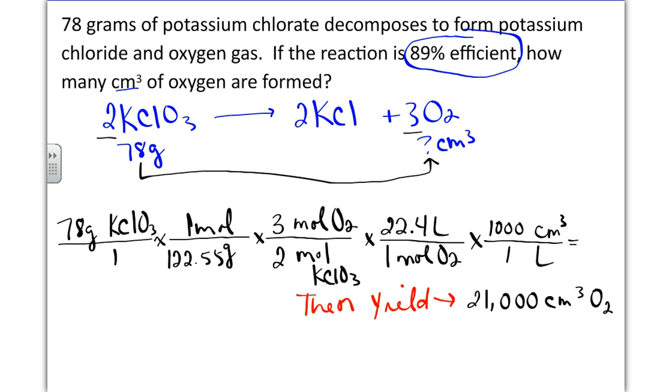So I'm going to take my 21,000, my theoretical yield, and multiply that times 0.89 because I want to know how much is 89% of this. And then we're going to get 19,000 centimeters cubed. And this number represents my actual yield.